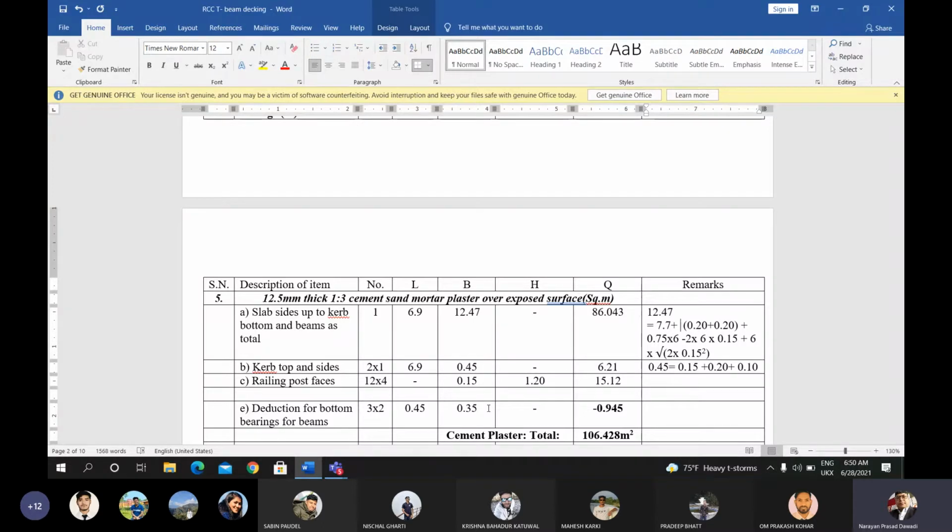This is 7.7 plus 0.4 plus 0.75 into 6, 6 into root 2 into, minus.